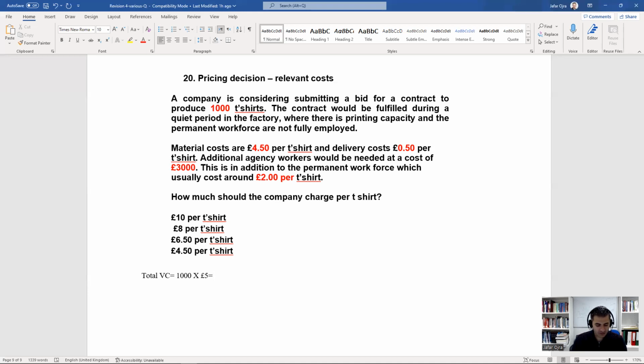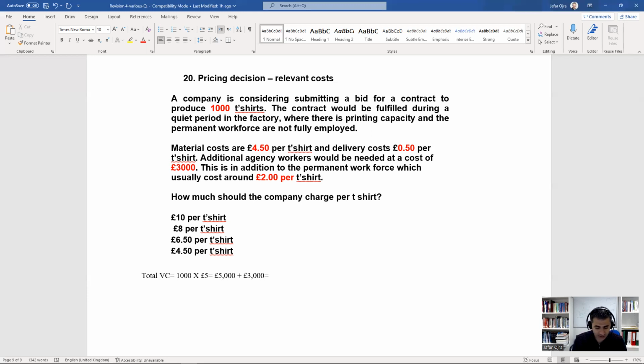So that's £5,000. Plus we have £3,000, which is the agency staff we need to bring in.